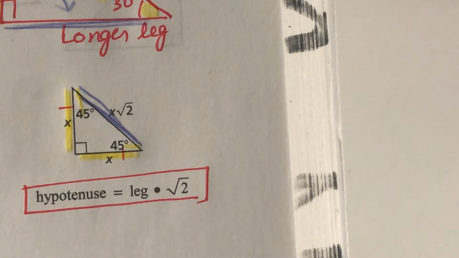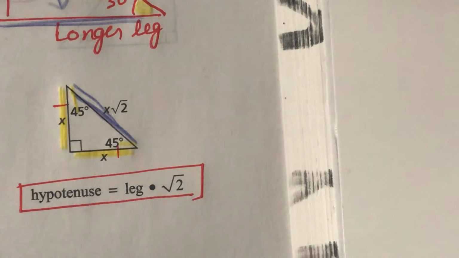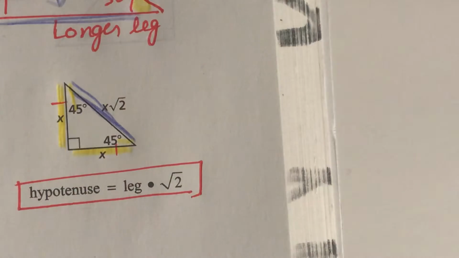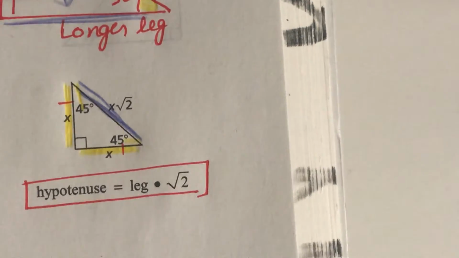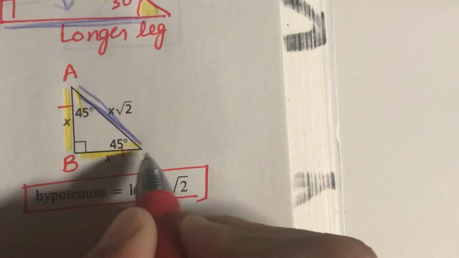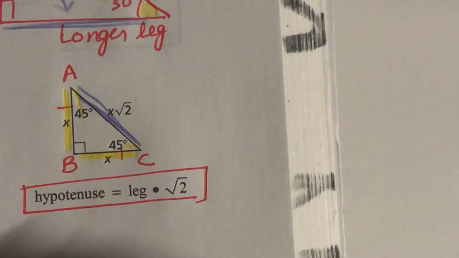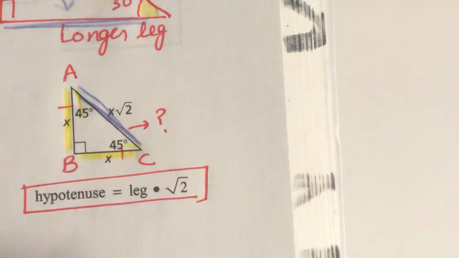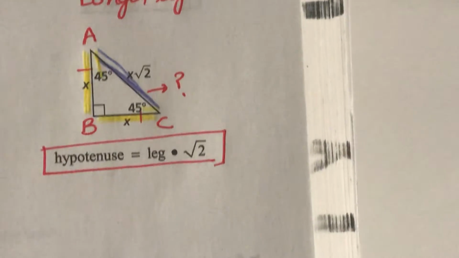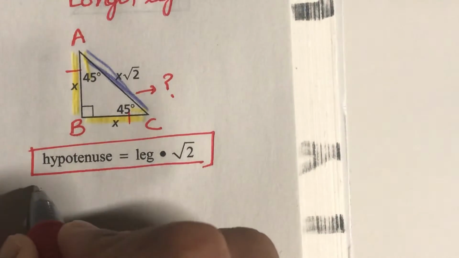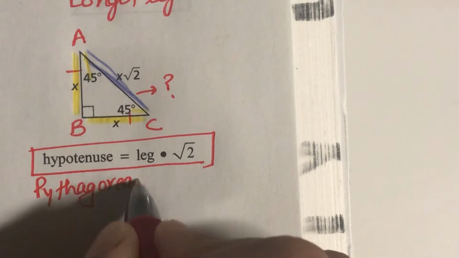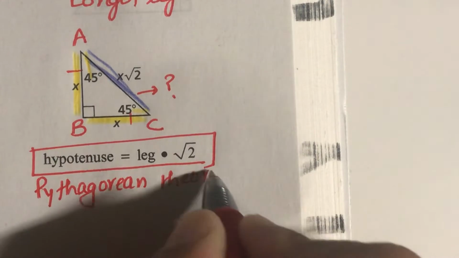And we can check that expression here, why it is x√2. Suppose it is a right triangle which I name ABC and I don't know how much the hypotenuse is. I want to verify, is that x√2? I know one thing for sure, that this is a right triangle, so I can use the Pythagorean theorem and apply it to figure out my hypotenuse.